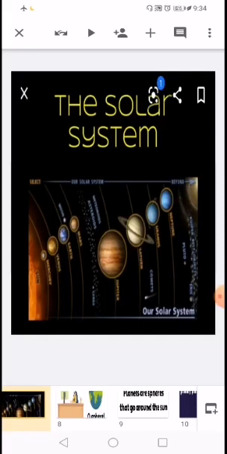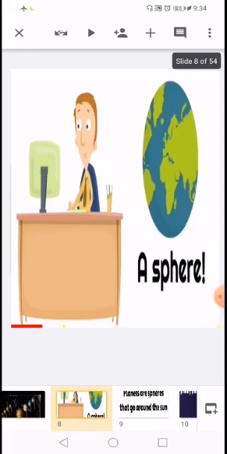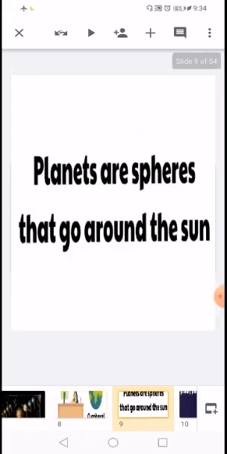Now the question is, what shape is a planet? The planets are spheres that go around the sun. Did you know there are 2 types of planets?